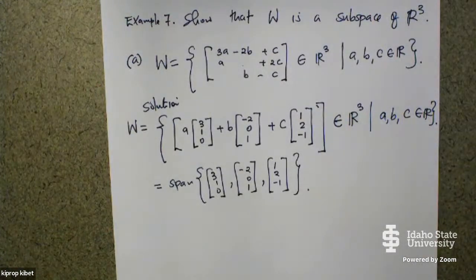So it shows that W is a subspace of R3. The number of entries here should be 3: 1, 2, 3. So it's a subspace of R3.